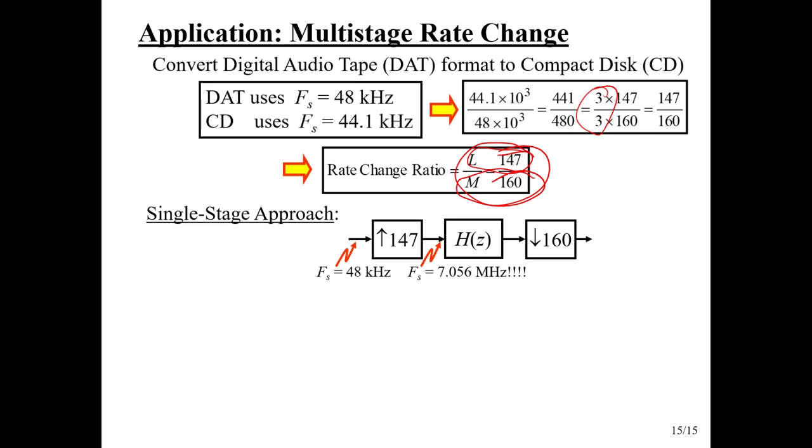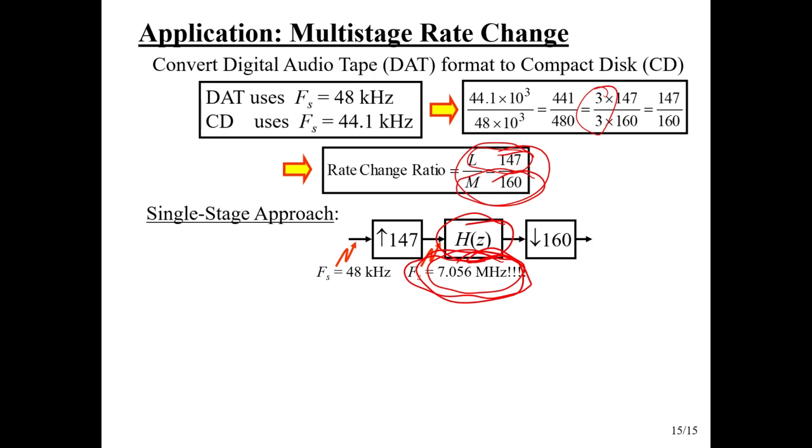And we can also see that just from the fact that look how high the sampling rate is. So this filter has to operate with samples coming in that fast, so one sample every 1 over 7 times 10 to the 6th, something like that.